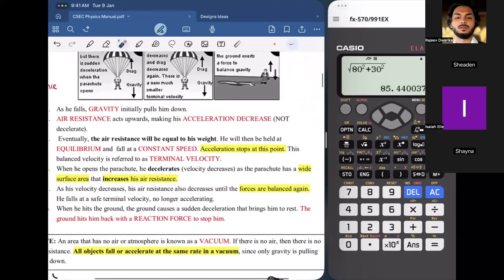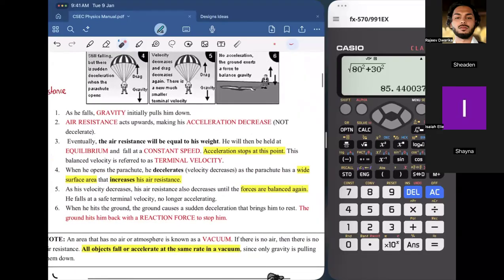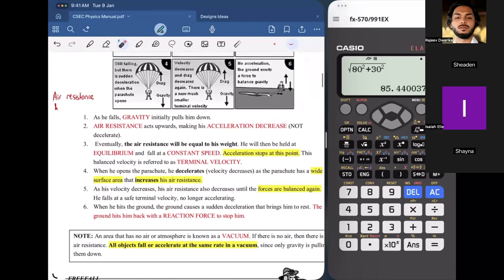So you all could copy this down. Right, and the heading is air resistance and terminal velocity. So terminal velocity just means constant velocity. So at the terminal velocity, A is equal to what? What do you guys think? A means acceleration.